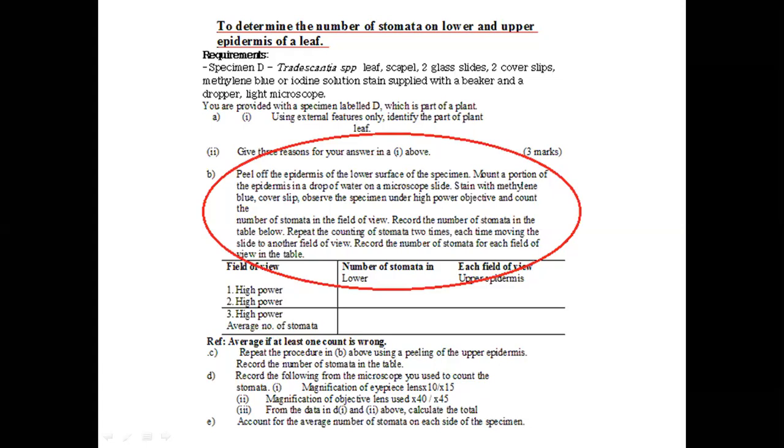But here we have an epidermis of a leaf. I remember I once gave some students this kind of a question, and I found one girl literally taking a leaf and placing it on the stage. Imagine, sijui kama unaelewa venye ninasema. Anachukua hiyo leaf, anaiwekelea kwa stage, anaanza kufunga jicho moja, anakufocus.